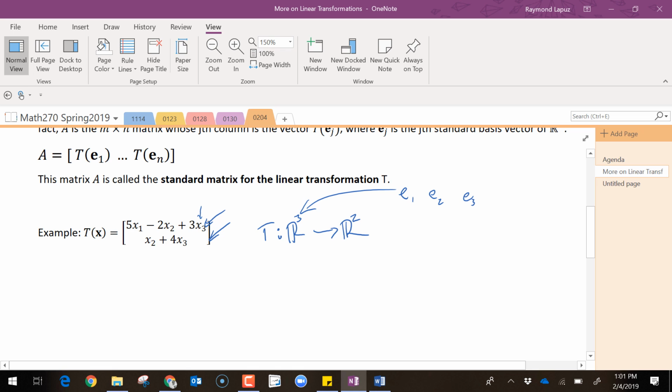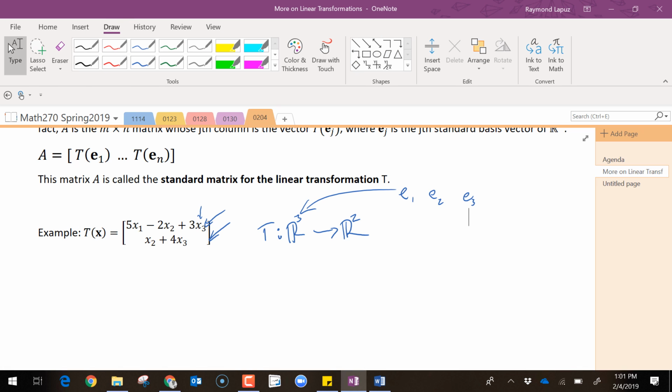So let's see what happens when we put E1, E2, and E3 in here. T of E1 is equal to T of E1, which is what? It should be 1, 0, 0 in R3, right? That's our domain. So let's put 1, 0, 0 in there.